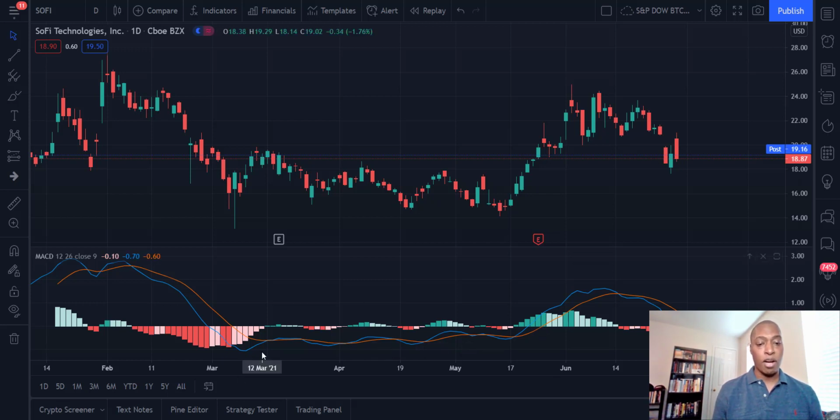So we crossed back around March the 15th, and we spent the next 2 months and a week basically going sideways. And you can see what price did during that time period as well. It's just sort of up, down, but it did slowly head lower, which is interesting. You have lower highs and lower lows during this period, but this was a bullish crossover.